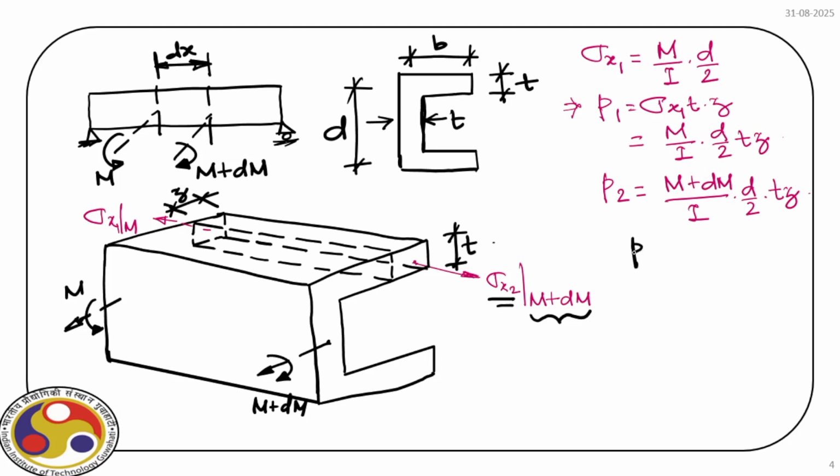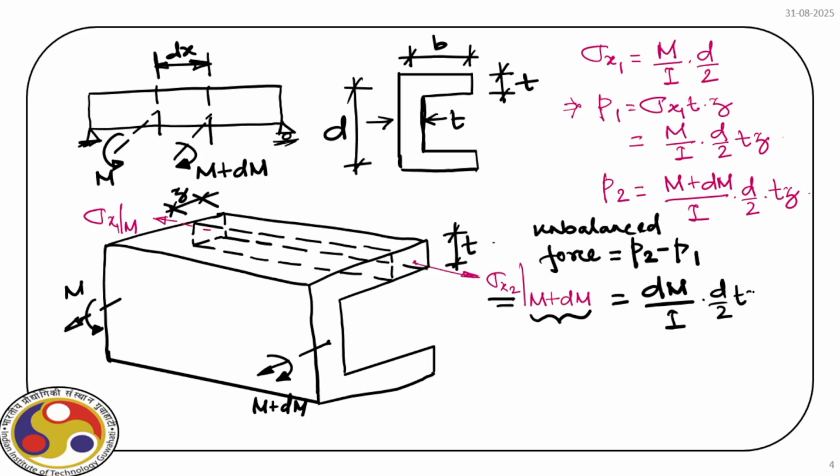Now P2 minus P1 is the unbalanced force, and this is equal to dM by I times d by 2 times Tz. Now obviously on the right hand side we have more force here. That means this small section will start sliding on the right hand side, and someone should prevent it, and that comes from the shear.